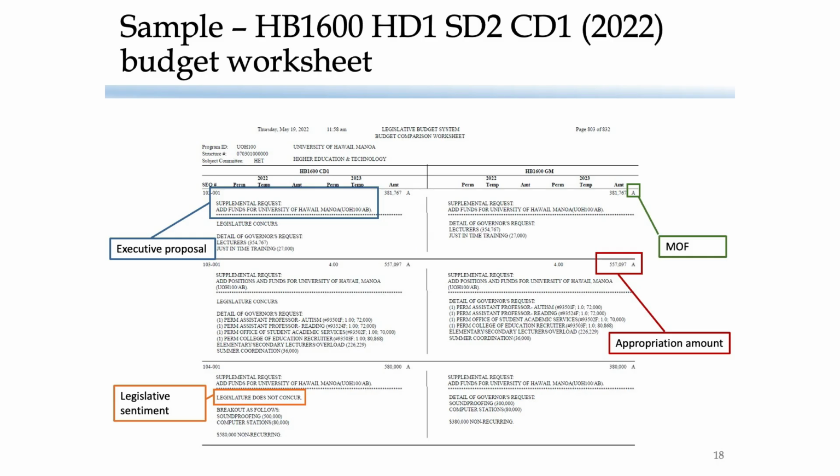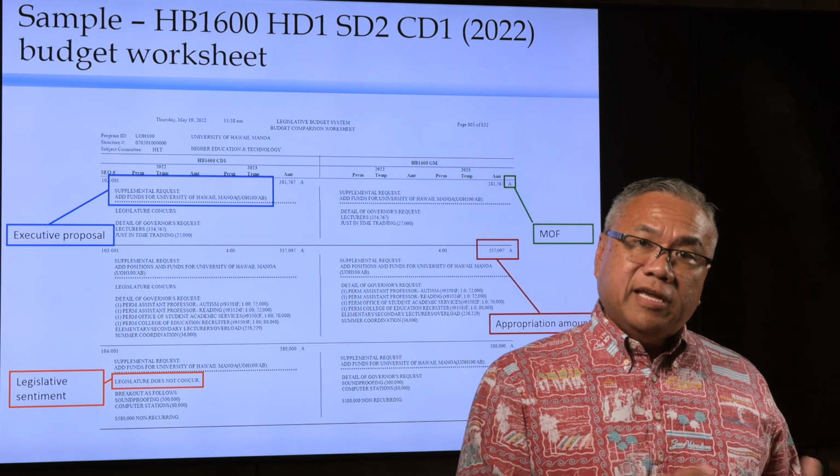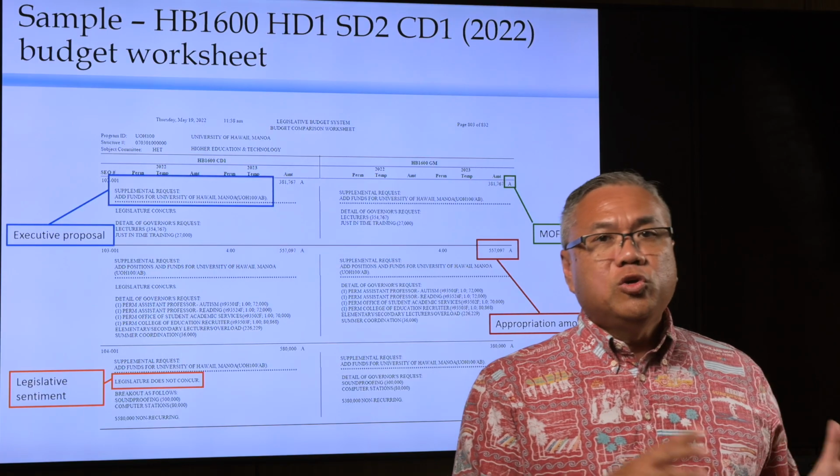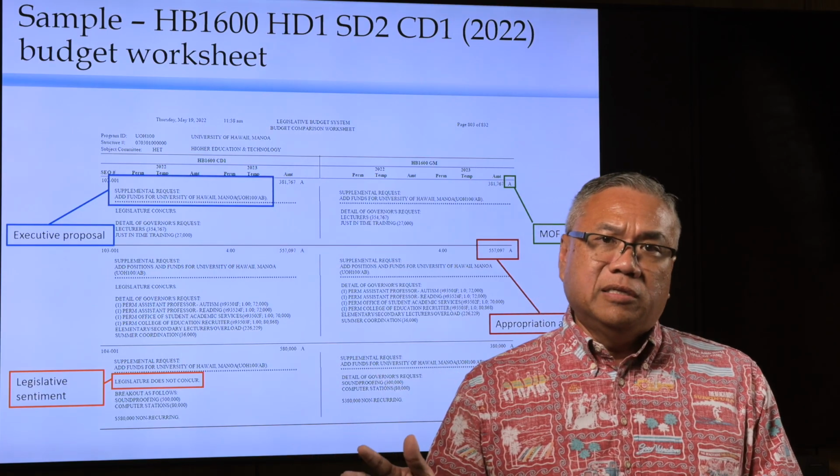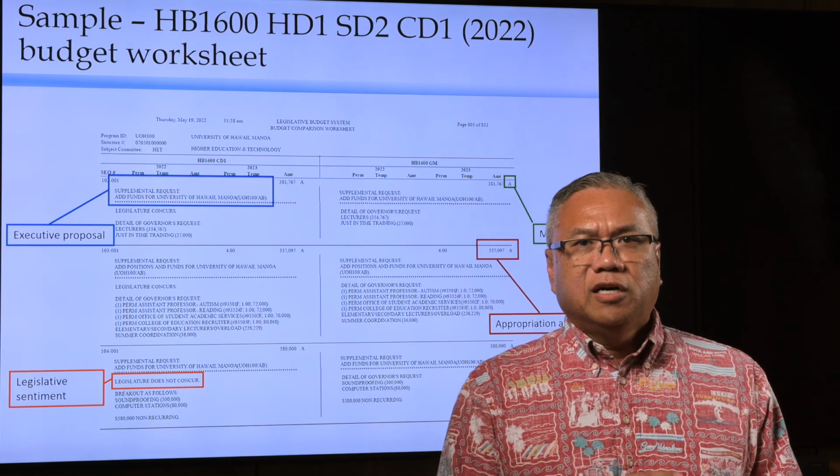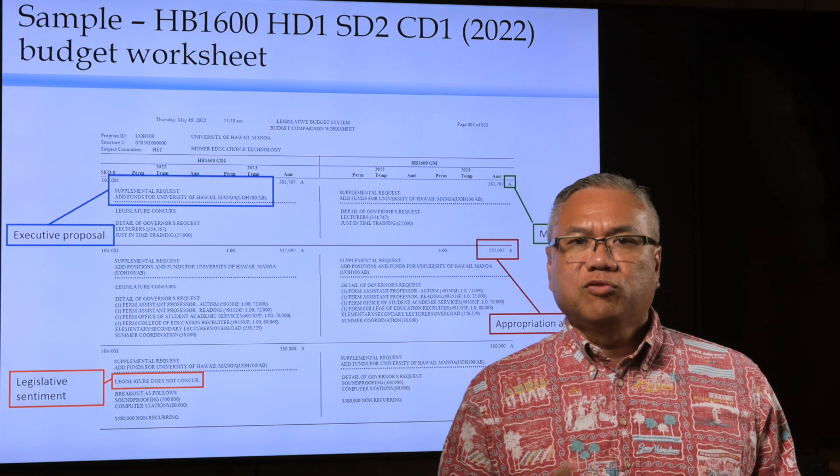So I've tried to highlight some of the components that you might immediately recognize and find familiar or valuable: method of funding, the amount of the appropriation, and reading the details to understand how much of that appropriation was actually requested and how much was actually approved. You could take this worksheet and relate it back to the budget bill as a component of the larger appropriation that's reflected in the budget bill.